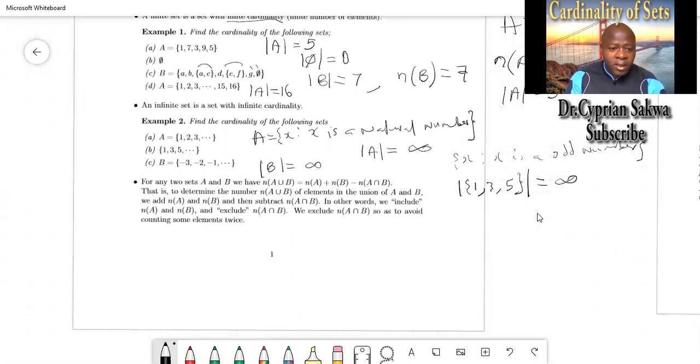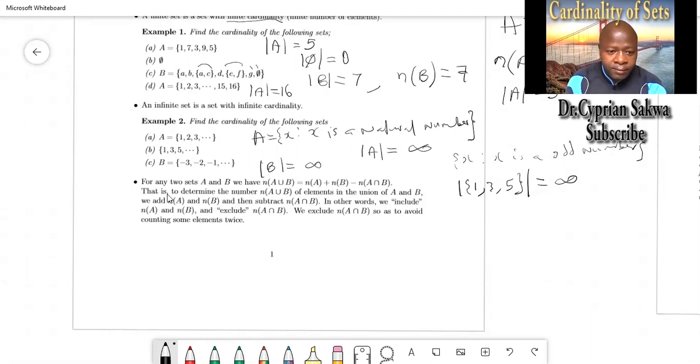So that's what I've written here. I've said that for any two sets A and B, the number of elements in the union will be given by the number of elements in A plus the number of elements in B, then minus the number of elements in their intersection. So we subtract the number of elements in the intersection to avoid counting some elements several times.